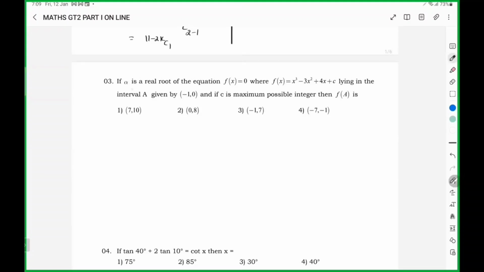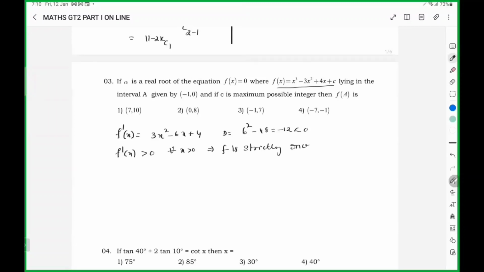Here, alpha is a real root of this. To understand the nature of the function, we have to find the first derivative. The discriminant is p square minus 12, less than 0. That means f dash x will be positive for all x, which implies f is strictly increasing.